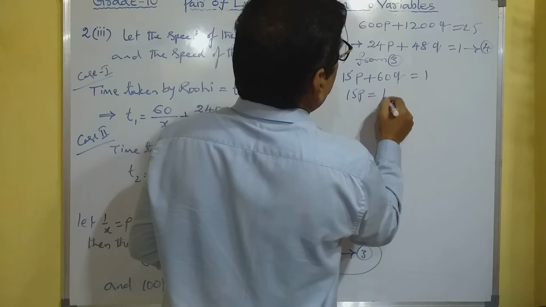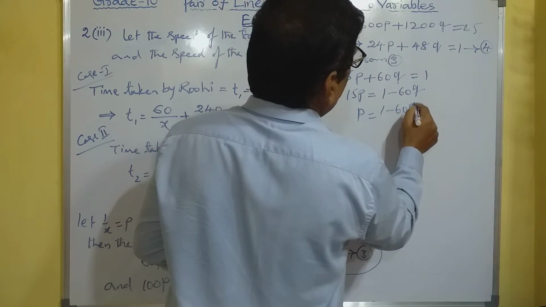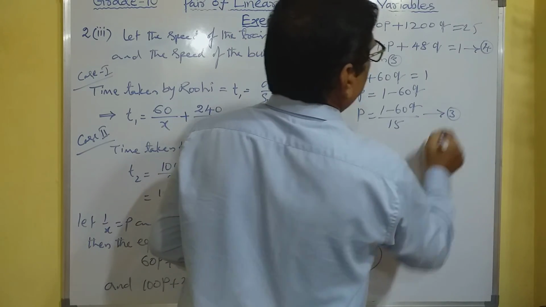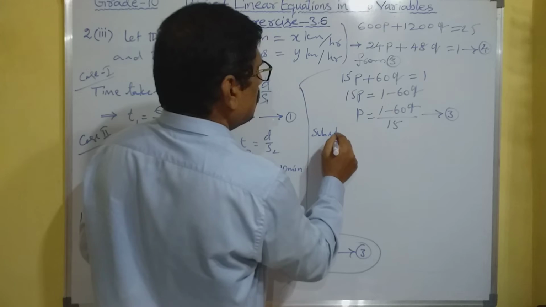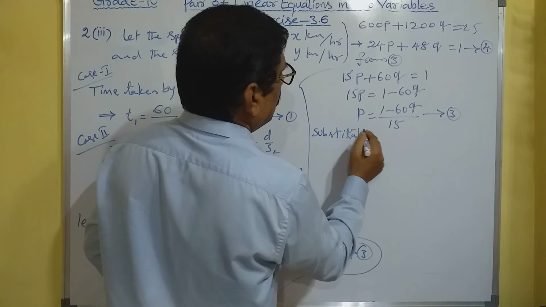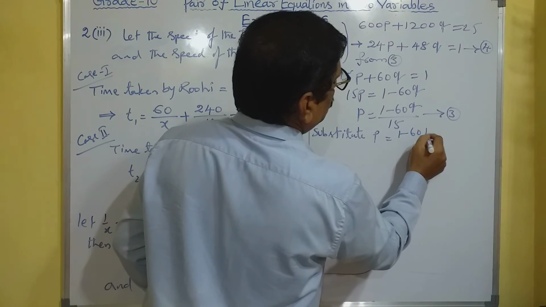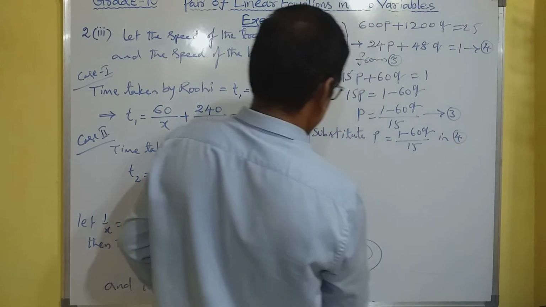Then 15p is equal to 1 minus 60q, then p is equal to 1 minus 60q by 15. Now substitute p is equal to 1 minus 60q by 15 in equation 4.